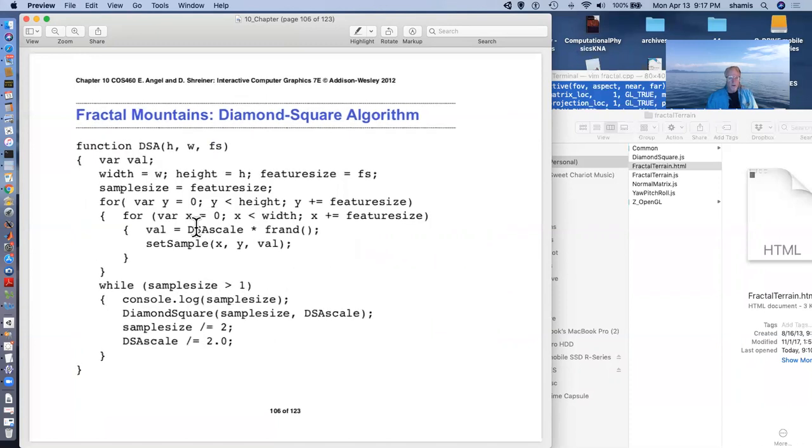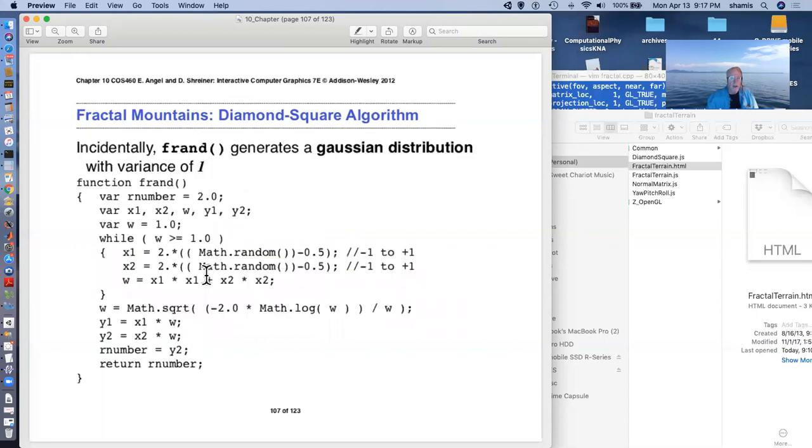And the overall diamond square algorithm takes width and height, and it generates the full grid.